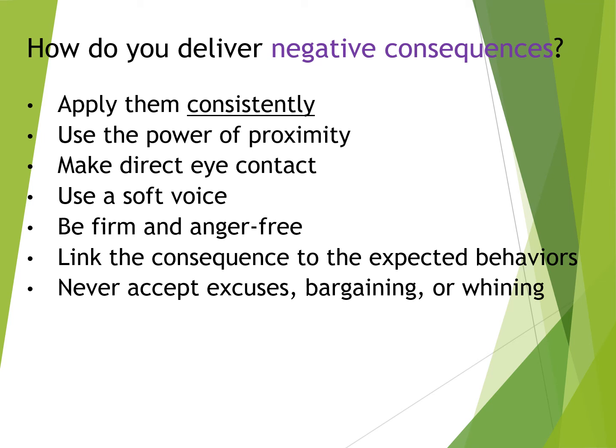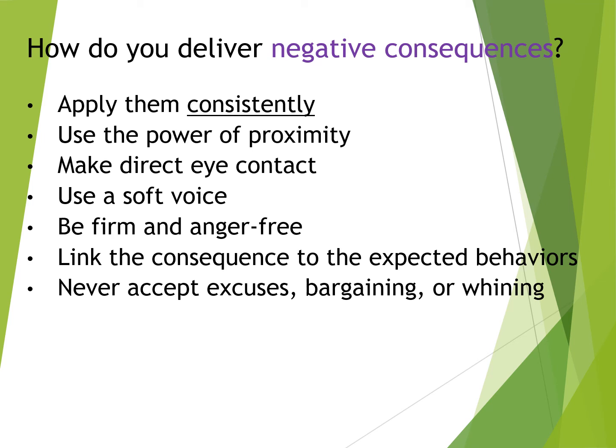Use the power of proximity. By that, we mean you don't want to be shouting across a classroom, delivering a negative consequence. You want to be close to the student, giving them that respect, conveying, in that power of proximity space, what exactly they did and what the consequences are.